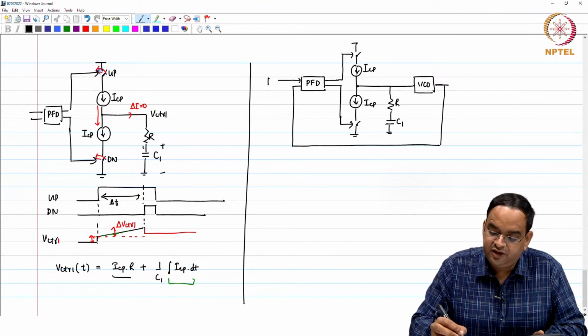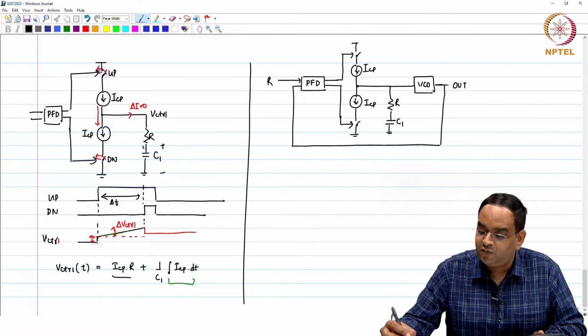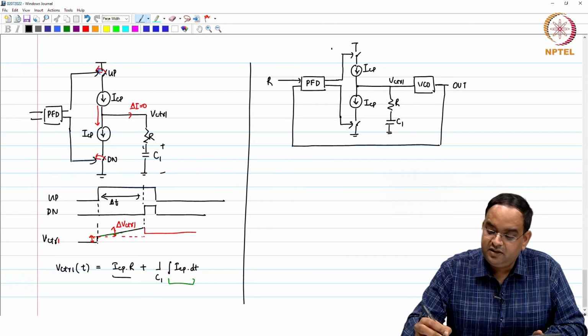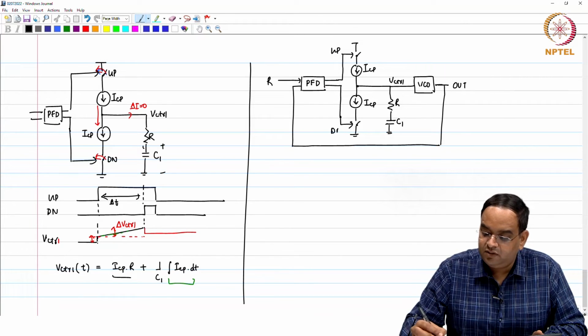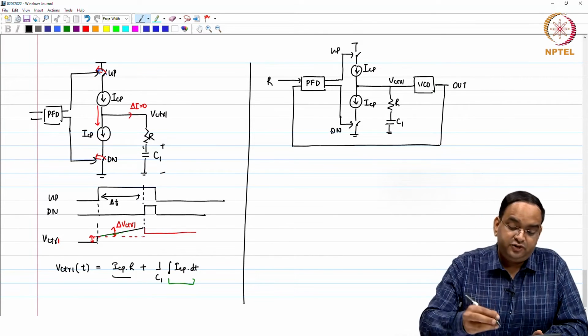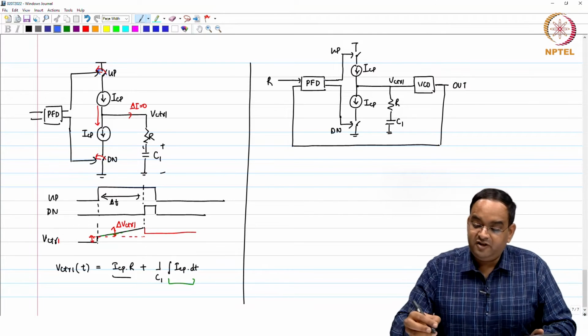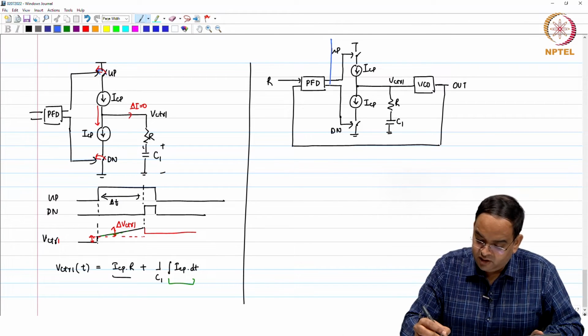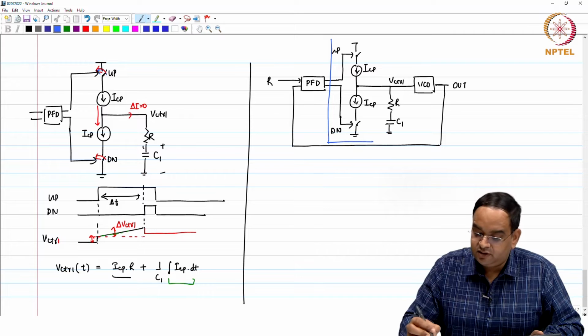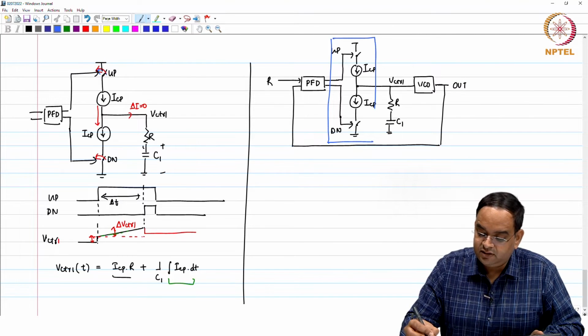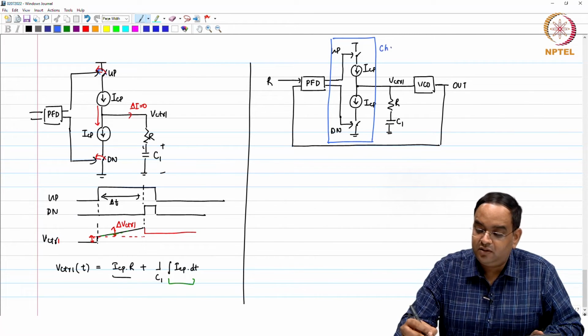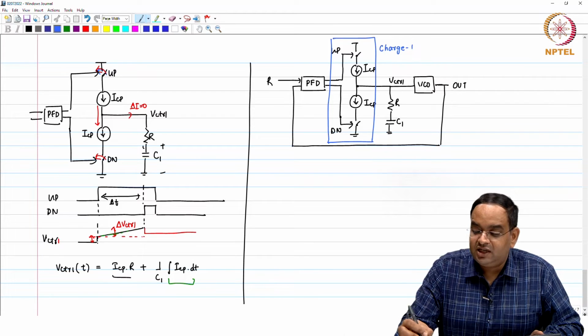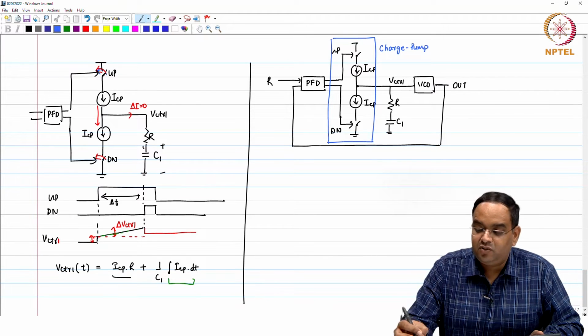Okay, this is your reference signal, this is your output signal, this is V control, right. These are your up and down signals. So, here you have already seen the phase frequency detector. This block is called the charge pump. It pumps the charge into the loop filter. Okay.